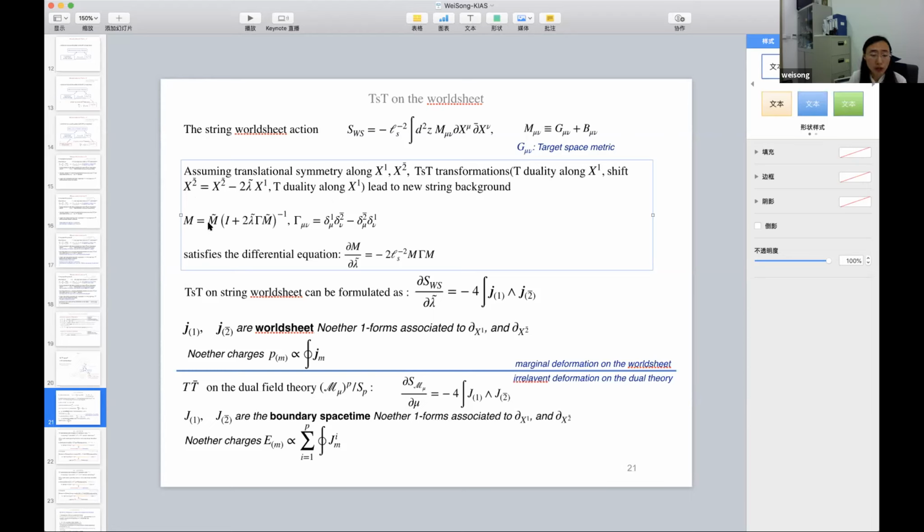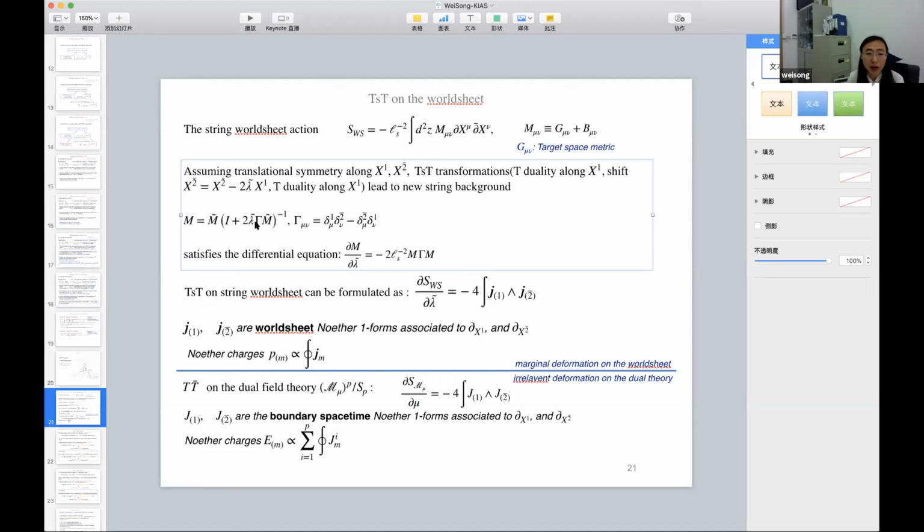We denote the deformed M by M tilde, and by the simple rules of T-duality, one can derive that the deformed M and the original M satisfy this matrix relation, where lambda tilde is a deformation parameter and is related to what I call mu by some dimensionful parameters.